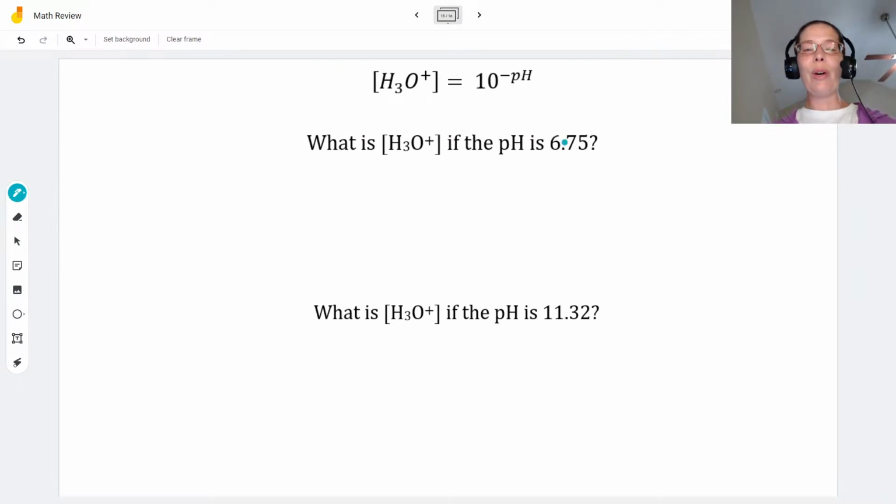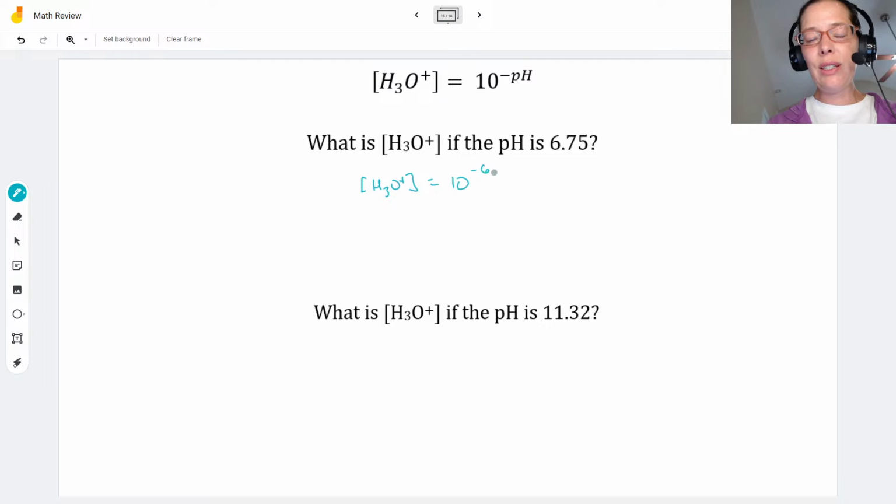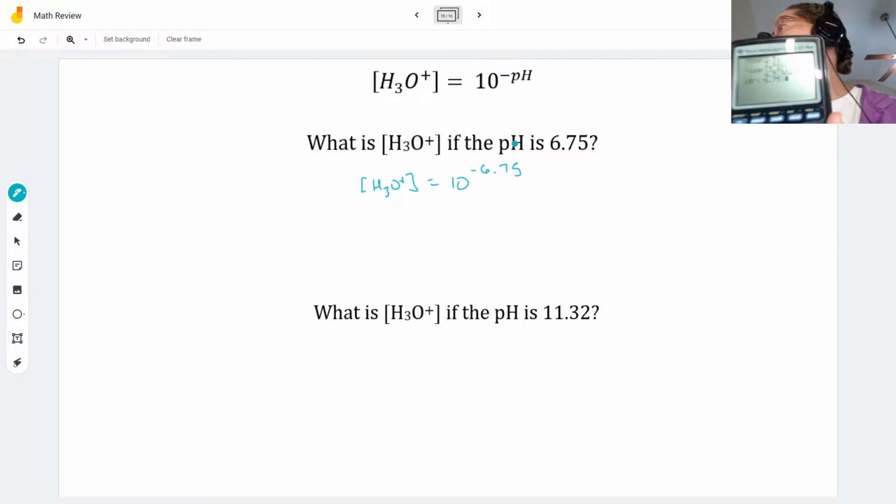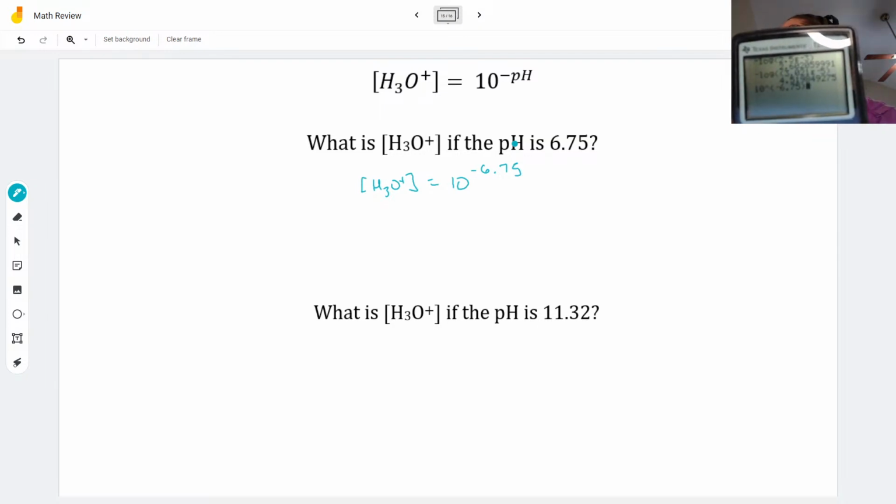Now let's do the more difficult one. And again, I'm going to show you what this looks like when you put it into your calculator. Okay, so I have the pH. I want the concentration. So my concentration of hydronium, this one is not going to work out easily. It's just going to be 10 to the negative 6.75. Again, I'll show you how that looks. The nice thing about this is you don't have to worry about scientific notation. Well, not for these problems. Okay, so that is what it looks like.